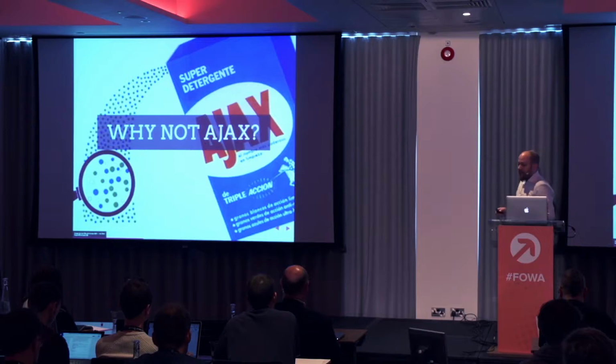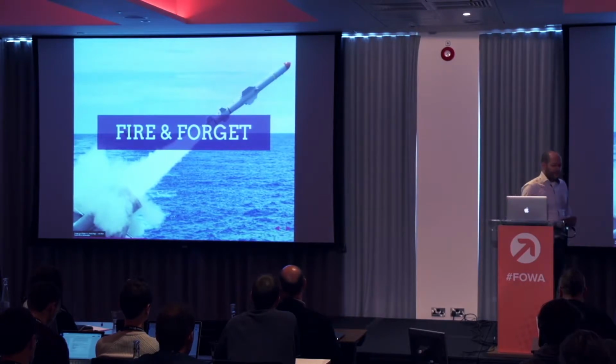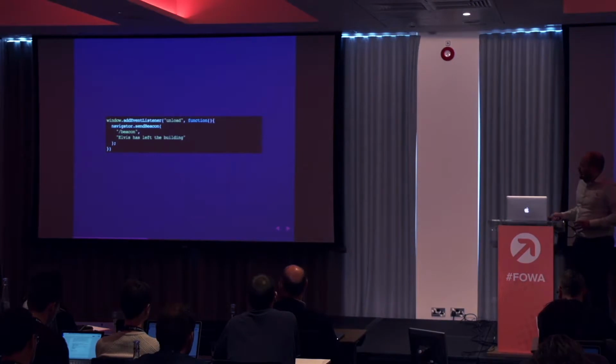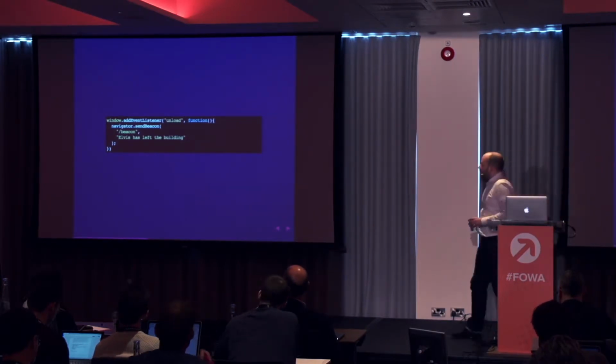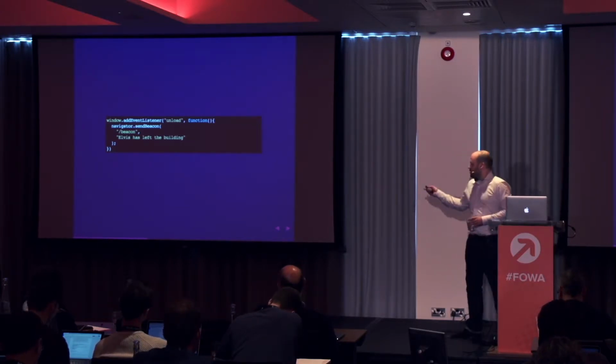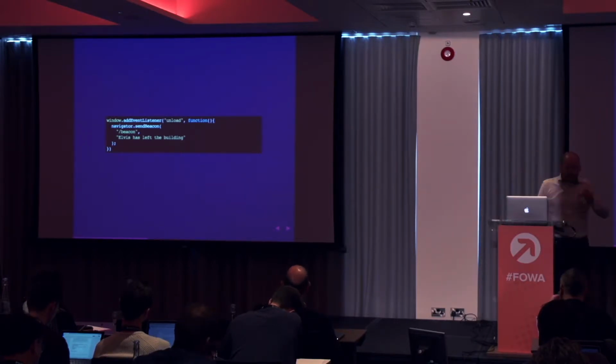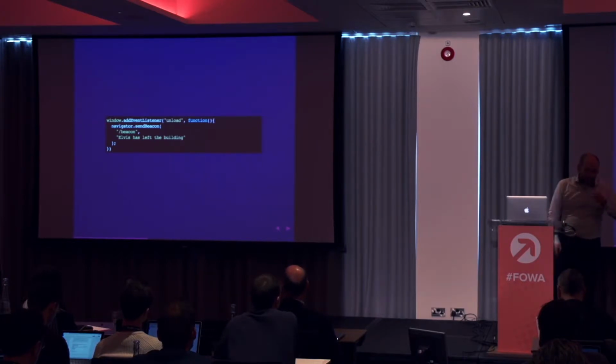The Beacon API actually makes it possible to do this, but it's a fire and forget kind of call. So what does this look like? I have here an event listener on window.unload, and we're going to send a beacon to the URL /beacon, and we are going to send the data "Elvis has left the building." Of course, you would probably send some more interesting data than just a string, but this is for demonstration purposes.